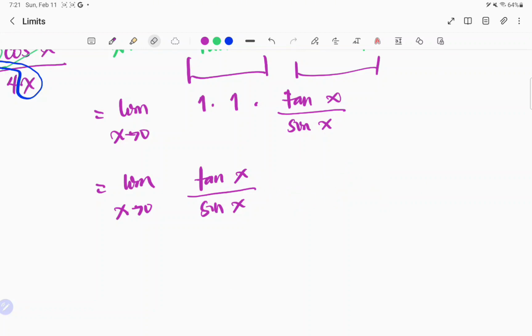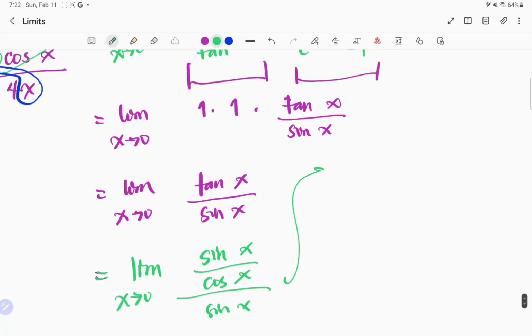So let's simplify the function using trigonometric identities. Our tangent is the same as sine x over cosine x, over my sine x in the denominator as x approaches 0.